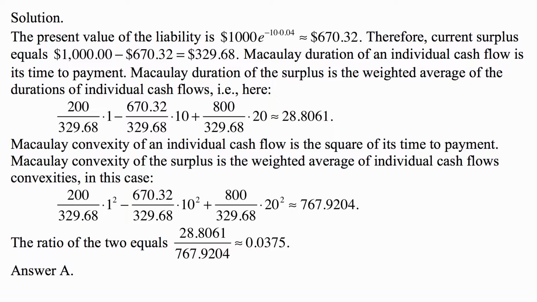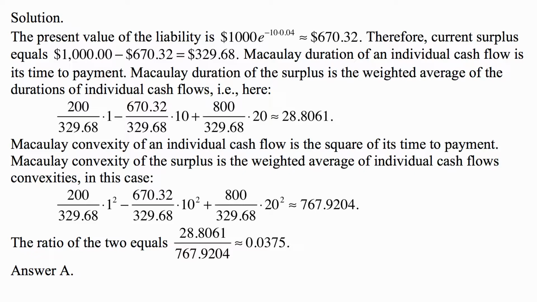So these are positive and negative fractions, but they add up to 1, and it's just a weighted average, and that's approximately 28.8061. So the important thing is that this rule about the weighted average of Macaulay durations of individual cash flows applies also to negative allocations, which is the case here.